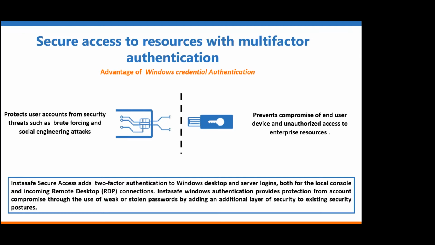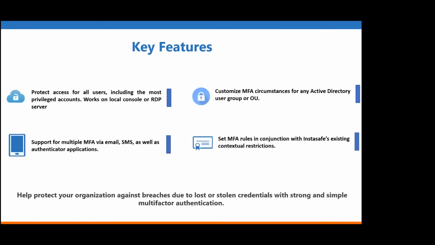So, like I've already said, the advantages of using secondary credential authentication with Windows is, first of all, it prevents end user devices from security threats such as brute force attacks and social engineering attacks, as well as prevents compromise of end user devices and unauthorized access of resources. Now going on to the features of InstaSafe multi-factor authentication, the admins can customize ISA MFA to their organization's needs.